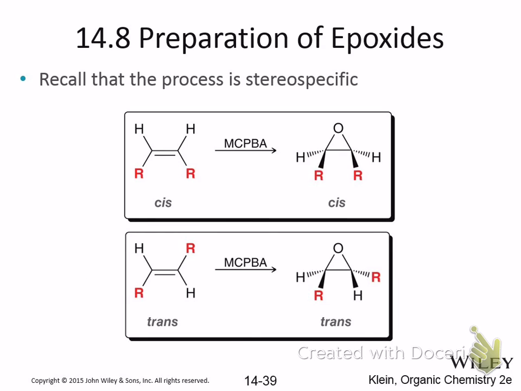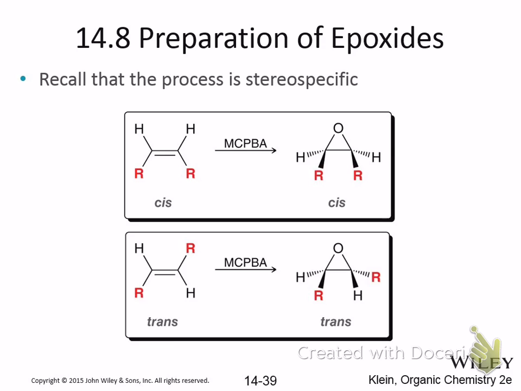One of the things to know about epoxides is the stereochemistry of the groups: if they're cis in the reactant, they are still on the same side of the ring in the product. If they're trans on the double bond, then on the ring one will be forward and one will be back.